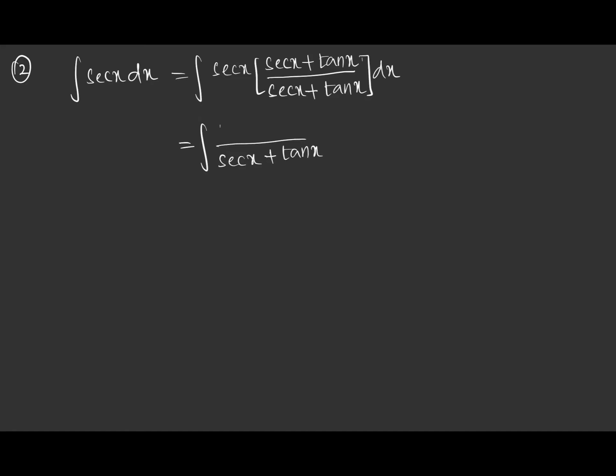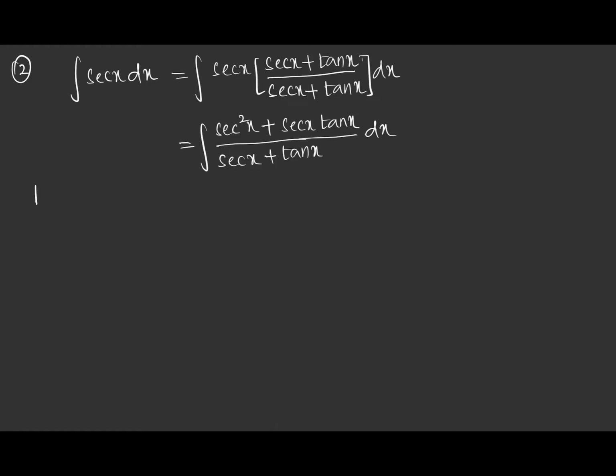On multiplying the numerator, secant into secant is secant square x, and secant x into tan x is secant x tan x, dx.